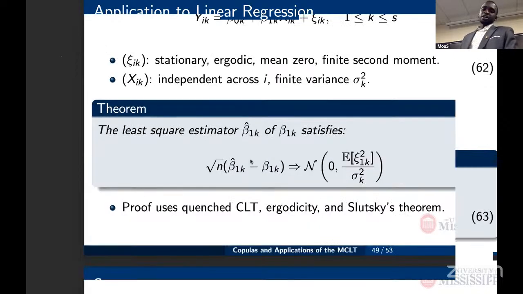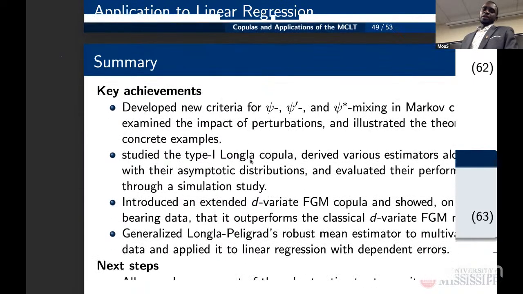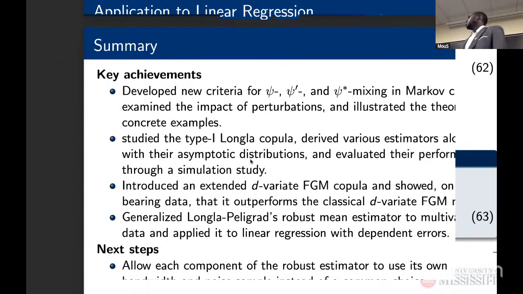And to summarize, some of our key achievements are that we developed new criteria for psi mixing, psi prime mixing, and psi star mixing in Markov chains. We examined the impact of perturbations and illustrated the theory with concrete examples.